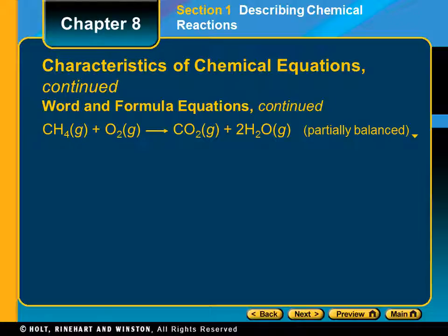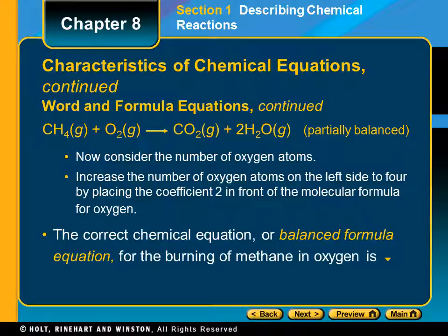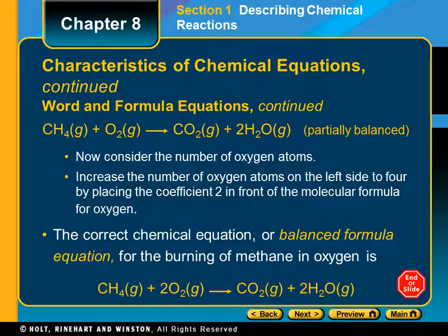But that's partially balanced because once you add that 2 coefficient to the H2O, you actually then change the number of oxygen. So you consider the number of oxygen atoms, and you need to increase the number of oxygen atoms on the left side to 4 by placing the coefficient 2 in front of the molecular formula for oxygen. So the correct chemical equation, or the balanced formula equation for the burning of methane and oxygen, is CH4 plus 2O2 yields CO2 plus 2H2O.